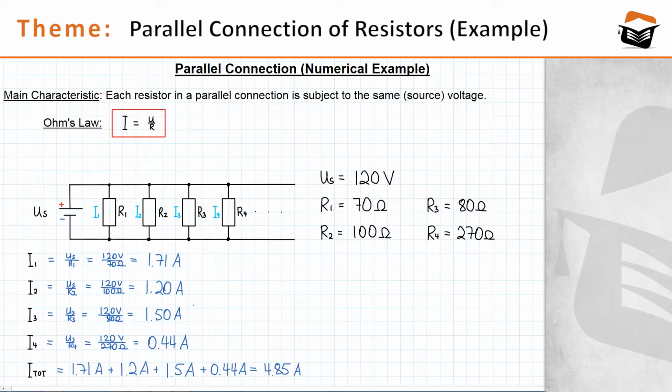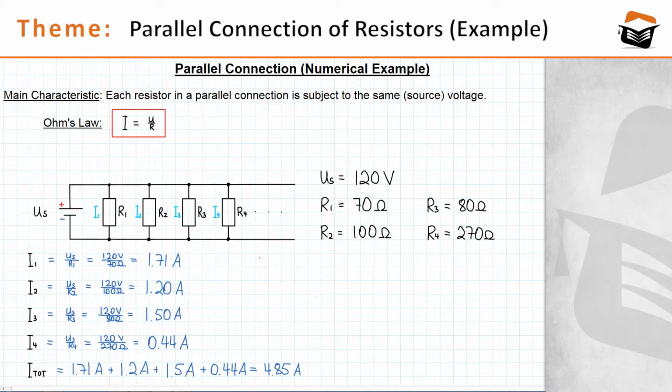And now we want to compute the equivalent resistance, or the total resistance of the whole parallel connection. In the previous video, you saw two different formulas. In one formula, you had R_tot directly written, and in the other formula, you had R_tot as an inverse. For convenience, I'm going to use the formula with the inverse because that formula is more common in physics, in literature related to physics or engineering studies.